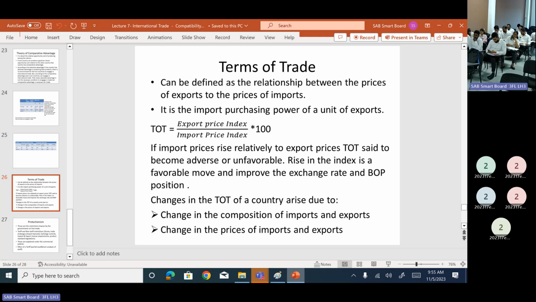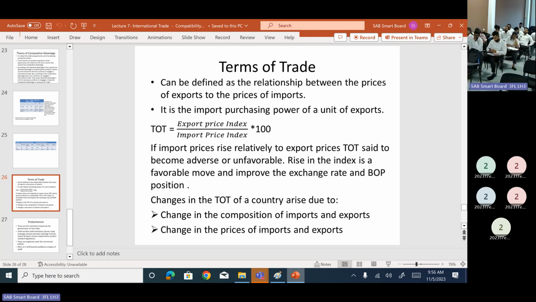If there is a decline in the terms of trade, that is a deterioration, an adverse effect. A rise in the terms of trade is a favorable effect. A decline in the terms of trade is an adverse effect, with a negative impact on the balance of payments and the exchange rate.